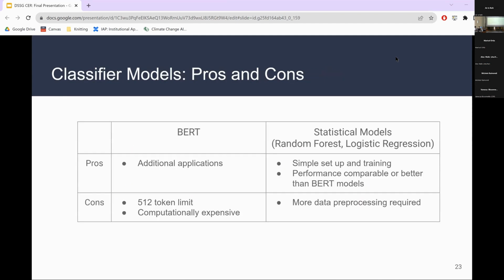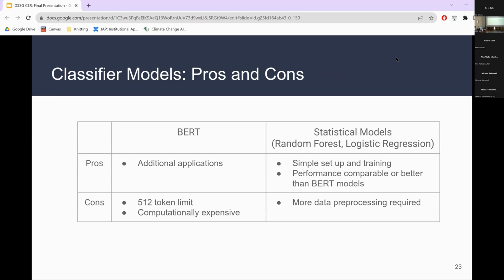And so going into the pros and cons of these different models, we wouldn't necessarily recommend Bert as the be-all end-all, but one of the advantages is that with other data sets, it's possible that it performs better on less data because it's able to leverage its large corpus of background information.